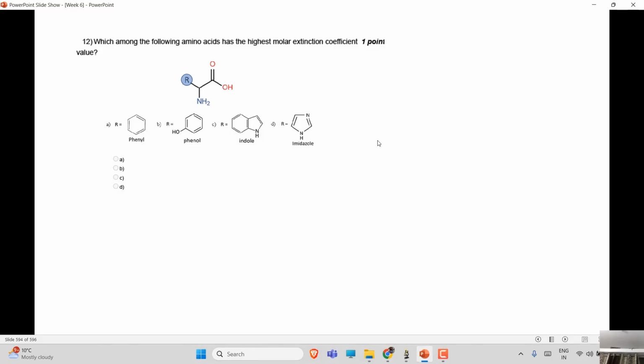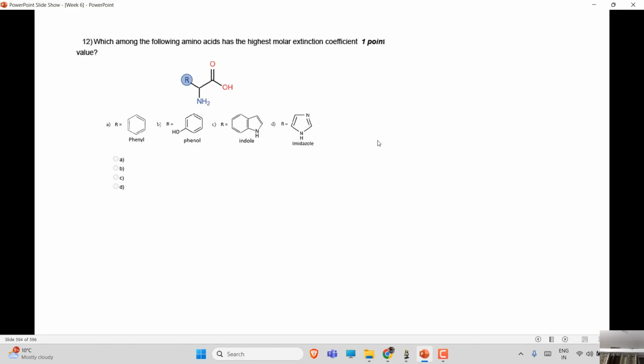So the molar extinction coefficient epsilon at a given lambda, for example 280 nanometer, is directly related to the probability of an electronic transition. The more delocalized pi electrons a chromophore has, and the more the transition symmetry is allowed, the stronger the absorbance, like larger epsilon. So if you compare the four groups, phenylalanine's side chain is a simple benzene-like phenyl ring.